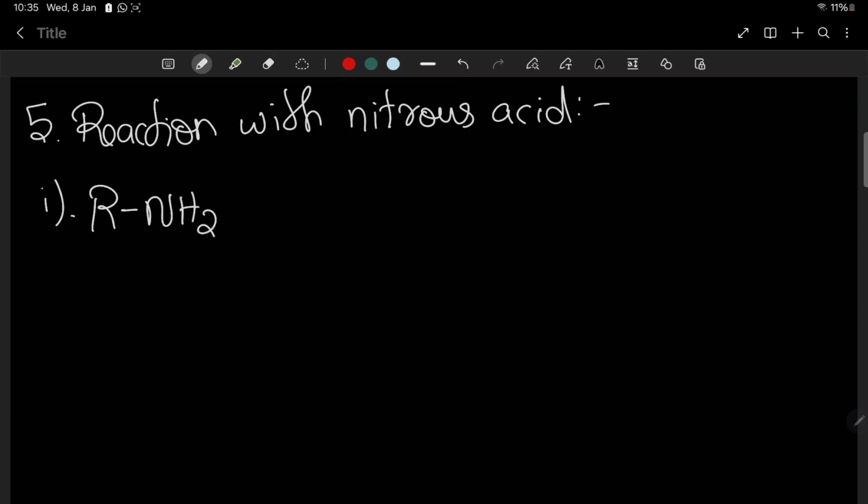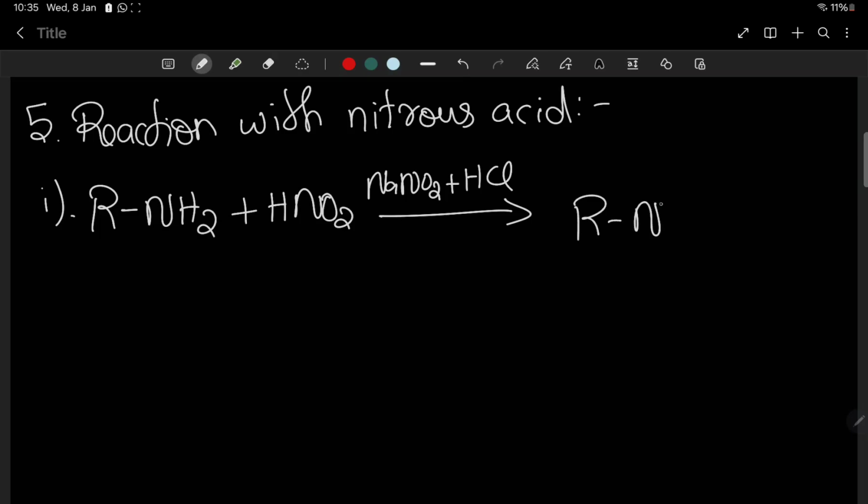I am taking an aliphatic primary amine and adding HNO2, in the presence of NaNO2 plus HCl, we get a compound like this, N2+ Cl-.